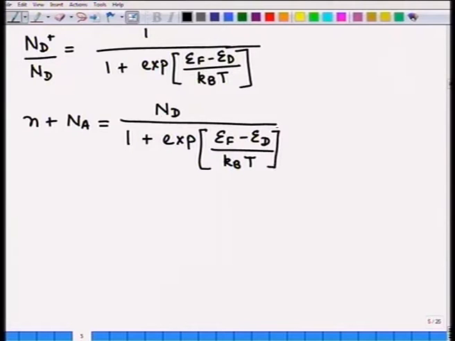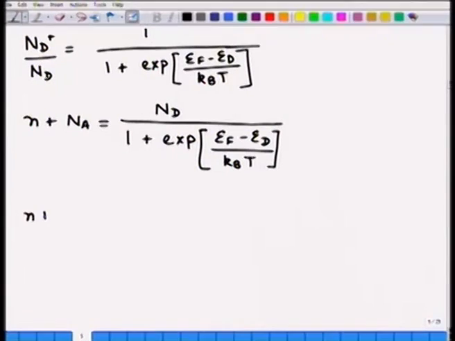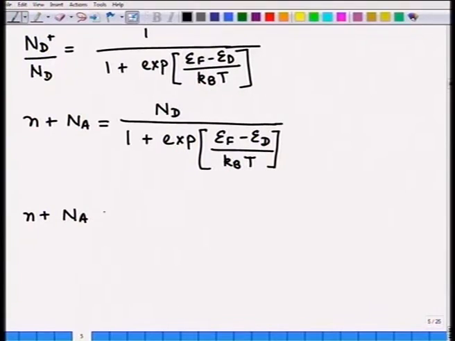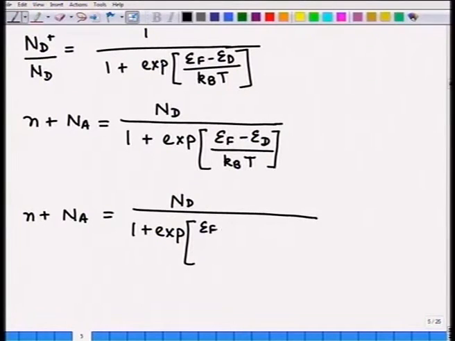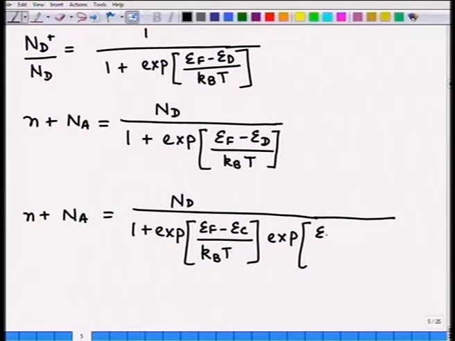All right. Now I am going to do a little manipulation in here. N plus Na, I am going to write as Nd divided by 1 plus e to the power Ef minus Ec by kBT, and I am going to write e to the power Ec minus Ed by kBT as the other factor.